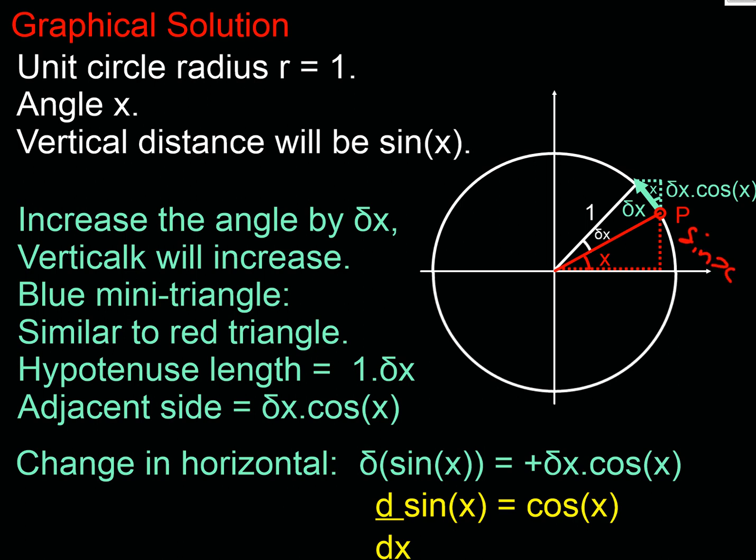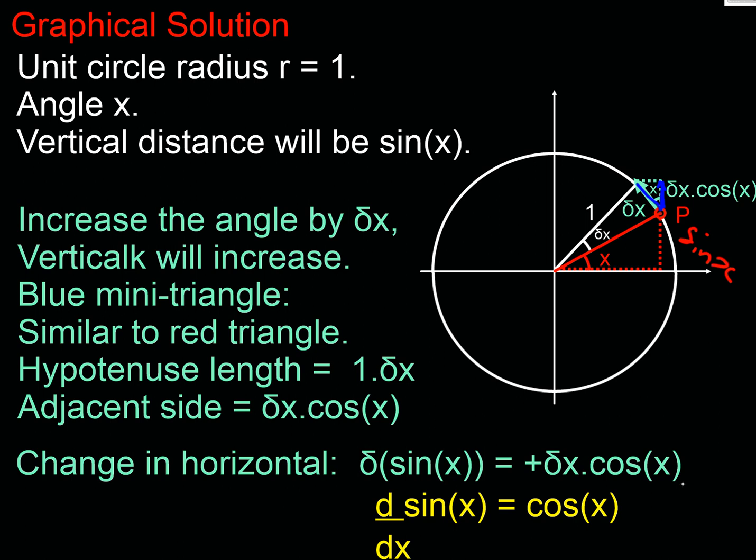If we increase our angle by a small amount delta x, and we create our mini triangle, our sine of x increases, and again our hypotenuse is r delta theta, which is going to be r theta, which is 1 times delta x, and this is going to be the adjacent side, so that's delta x times cos of x.